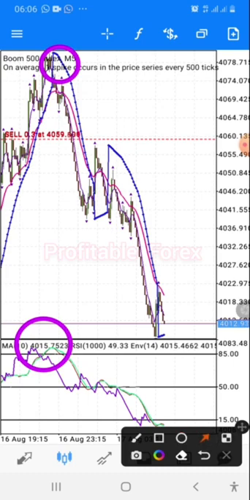You can see them here. Both of them must be at the oversold region.